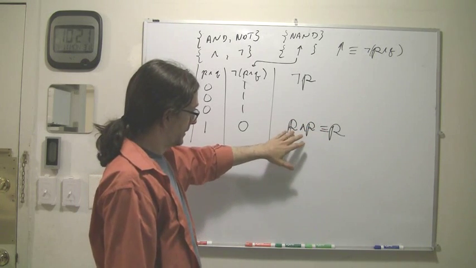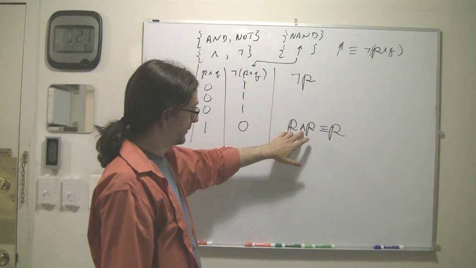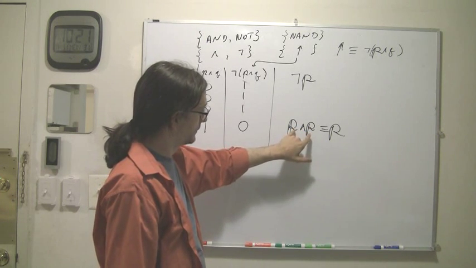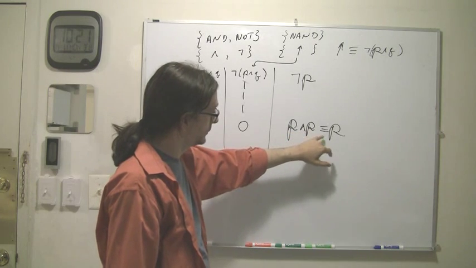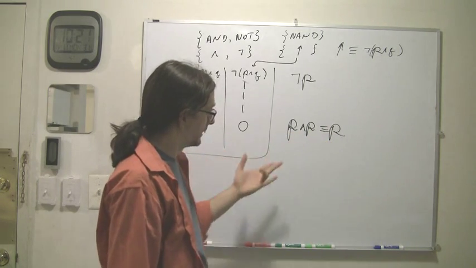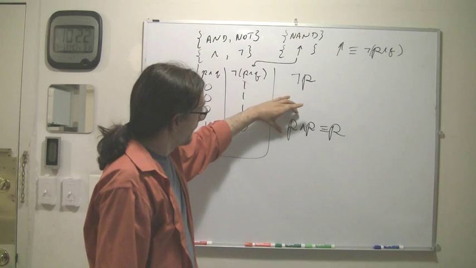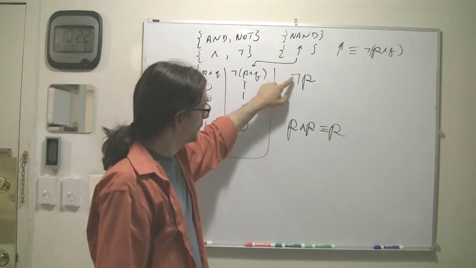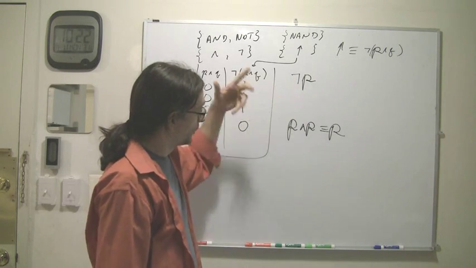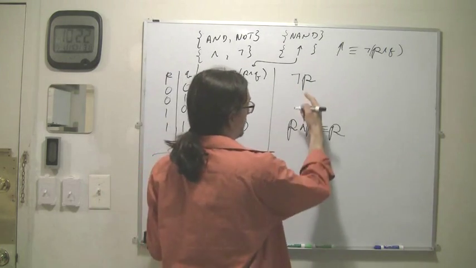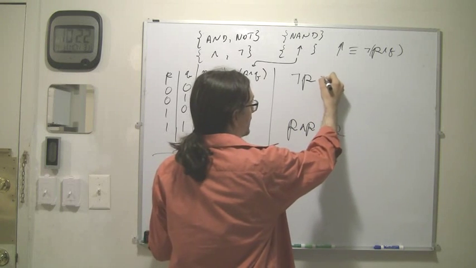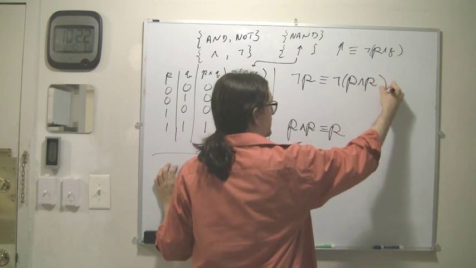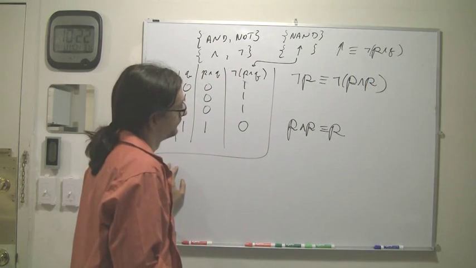It means that when you apply the operator to the same term, P and P, you get it back, right? Okay, so P and P is exactly equivalent to P, and what we want is not P. So instead of getting not P, we might equivalently get not (P and P), right? Because this is exactly the same as not P.